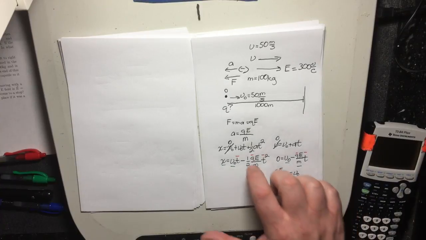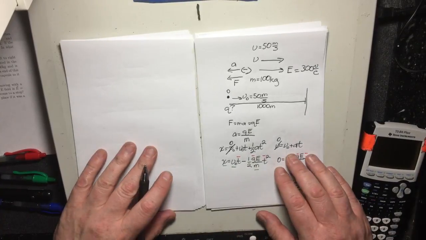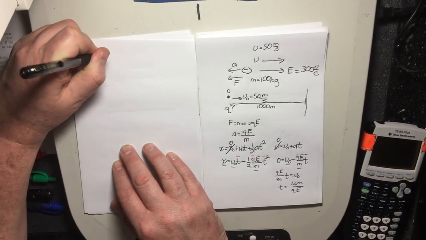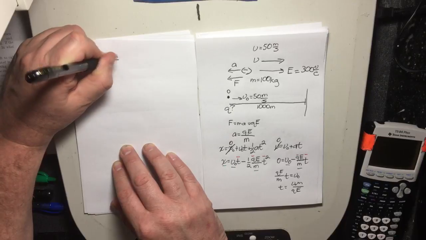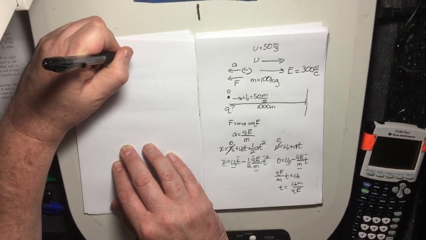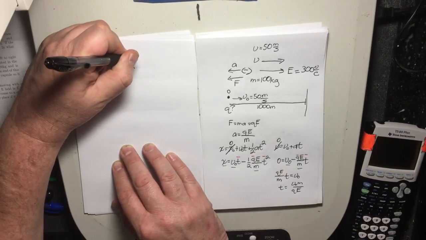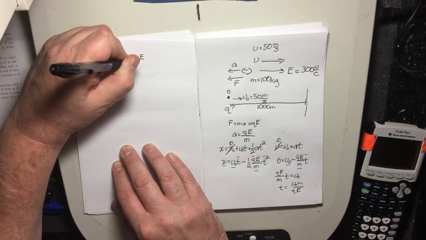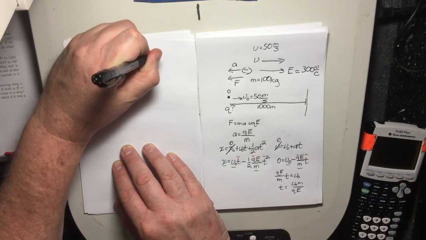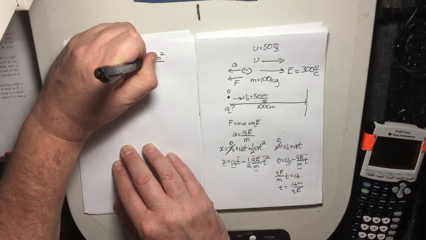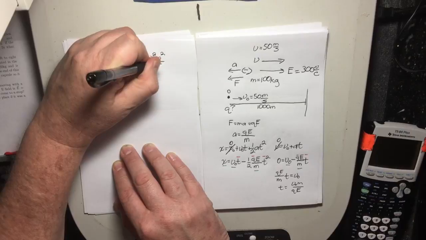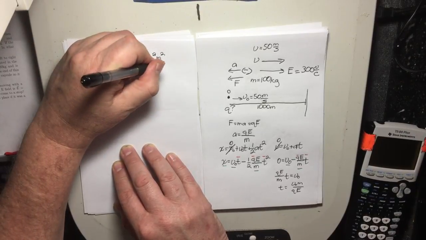And I take this and I plug it in here. x equals v naught, m over qE for the first t, minus 1/2 qE over m t squared, v naught squared m squared over q squared E squared.